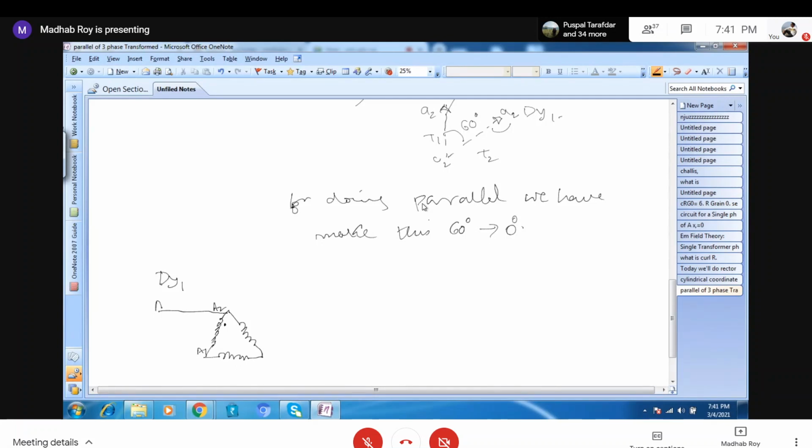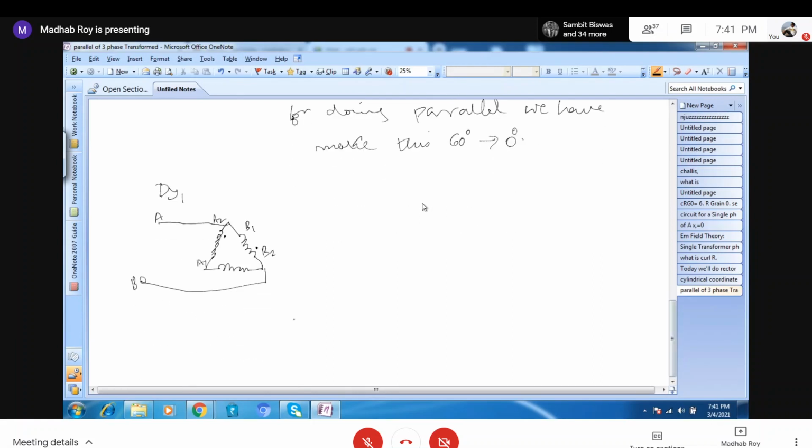This is A. Then this was B1, phase sequence is ABC, and this was B2. So this line is B. For DY1, this line was C2 and this line was C1. This is the dot polarity, and these are the C.